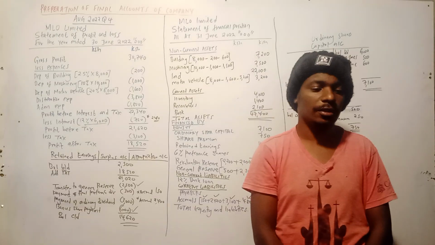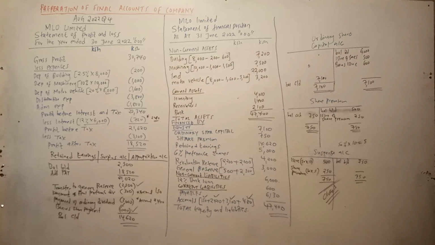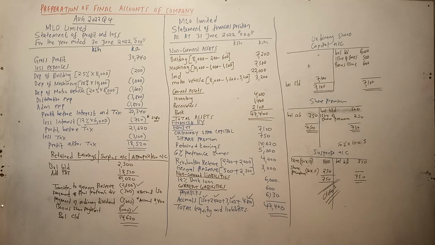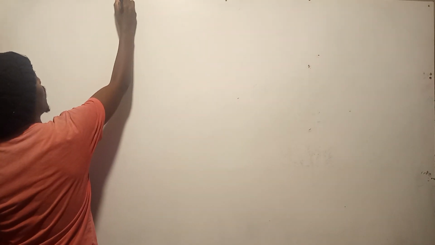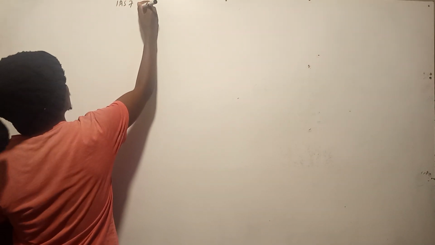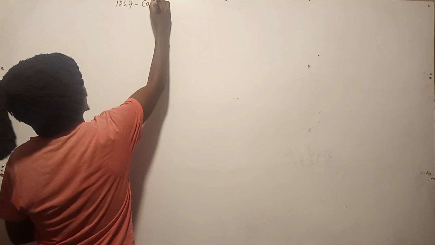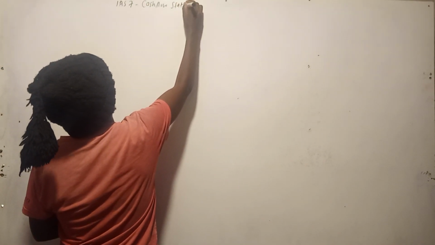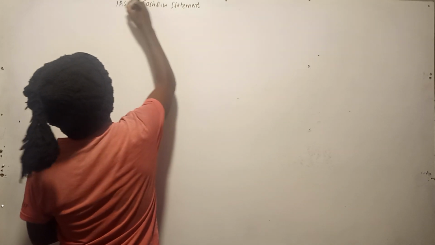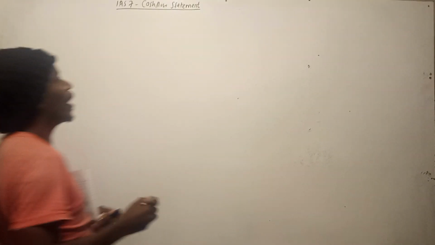International Accounting Standard number 7, IAS 7. So IAS 7 is the cash flow statement.